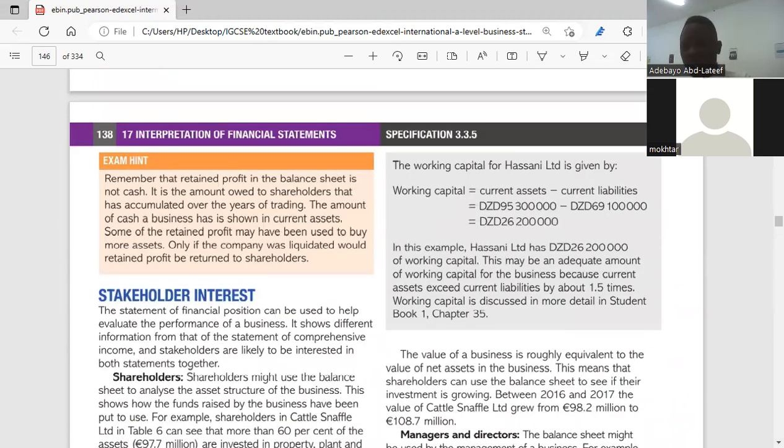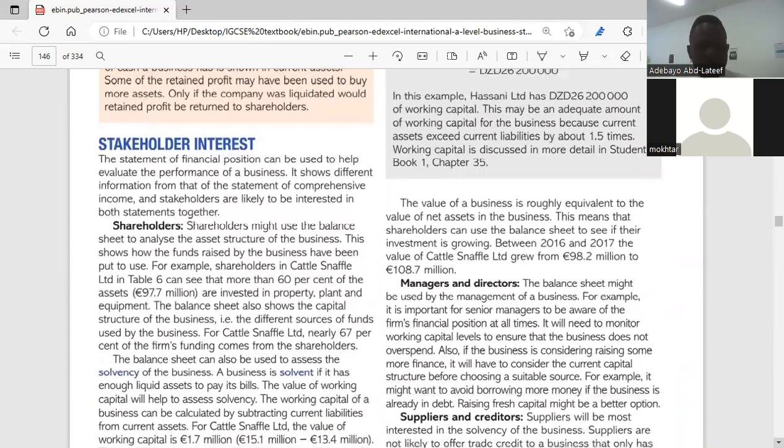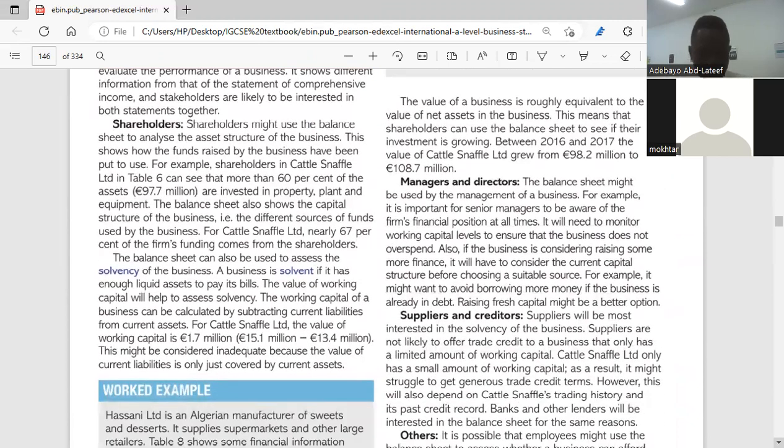For the statement of financial position, first we've talked about the statement of profit and loss and stakeholders' interest in it. So what are the stakeholders' interests in the statement of financial position? Number one, shareholders might use the balance sheet to analyze the asset structure of the business.